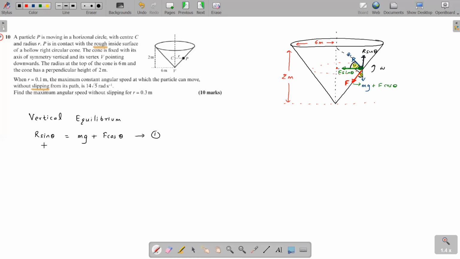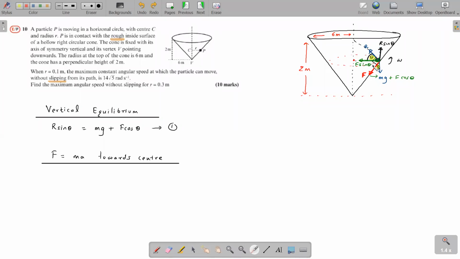So considering vertical equilibrium, now let's apply F equals ma towards the center. What are the forces acting towards the center?